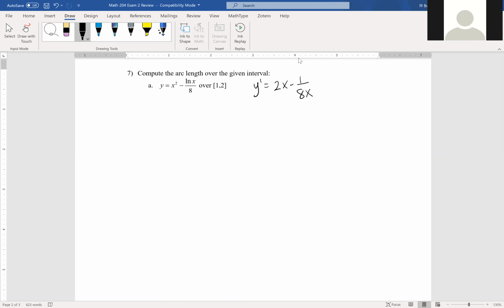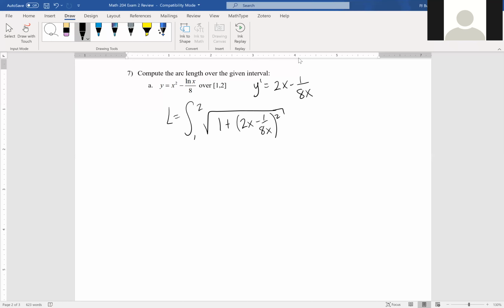Yes. Okay. And we're just doing arc length. So that's an integral from 1 to 2 of the square root of 1 plus f prime quantity squared, right? Yeah.